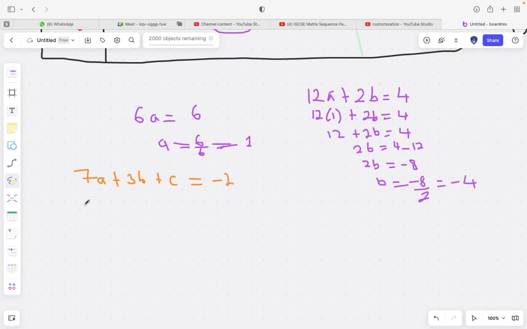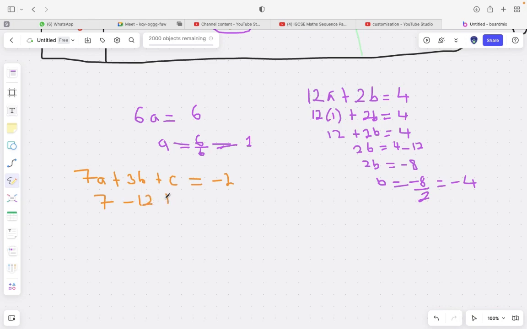So remember, we know the value of a is 1. 1 times 7, we just write 7 here, because a is 1. B is -4. B has been obtained to be -4. So -4 multiplied by +3, you're going to get -12. So I write -12 here.